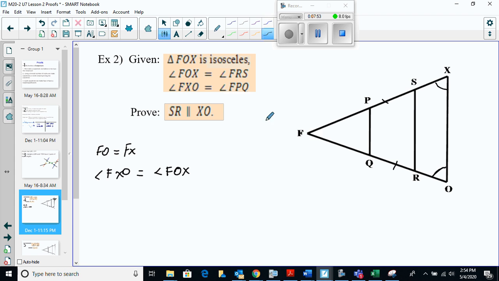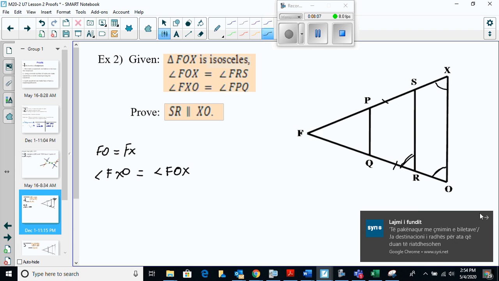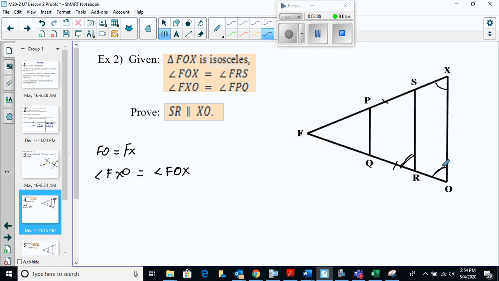So now, given this is an isosceles triangle and angle FOX is equal to angle FRS, then we will have this angle here equal to this angle here.